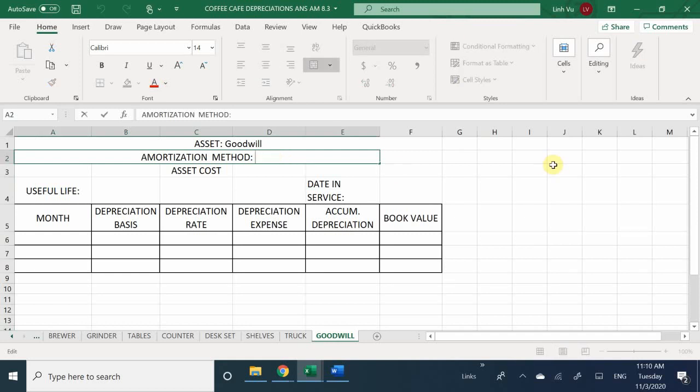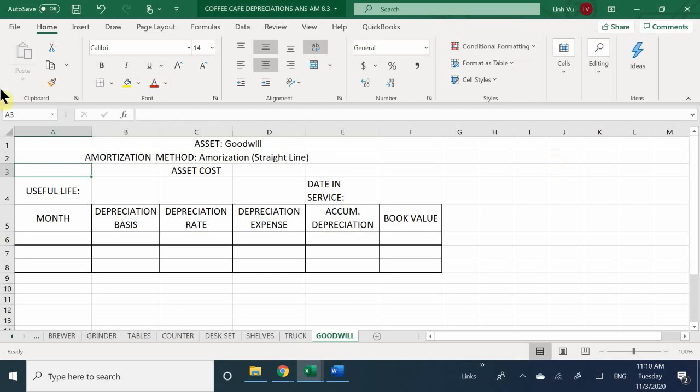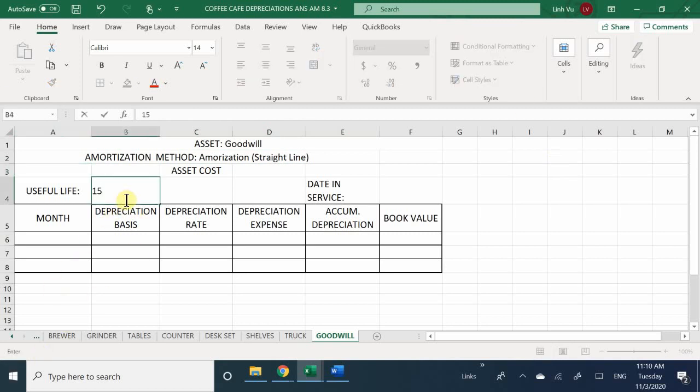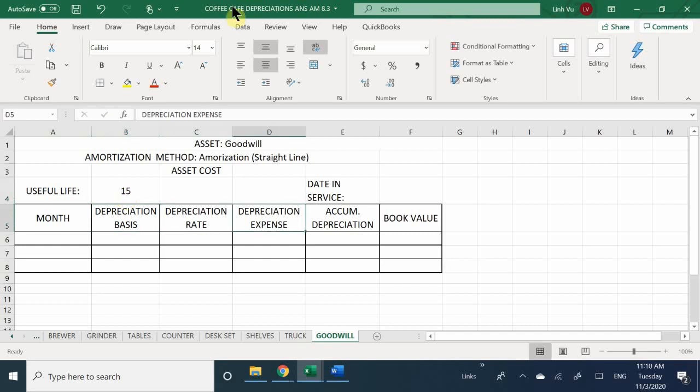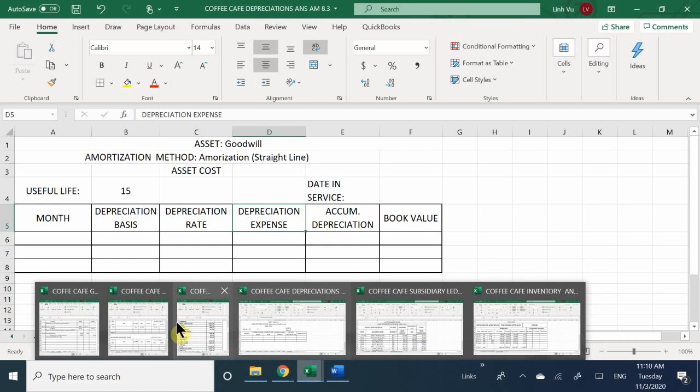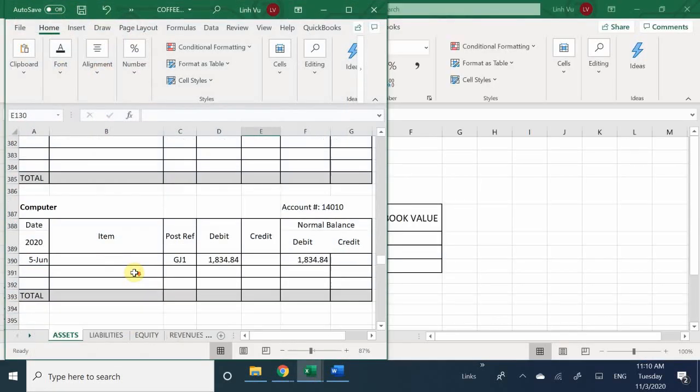Okay, so make sure you recognize that. All right, amortization. And I'm just going to put a reference point that it is very similar to straight line. Okay, so what's my useful life? And let's go ahead and see when we got the goodwill and how much the goodwill is actually worth.